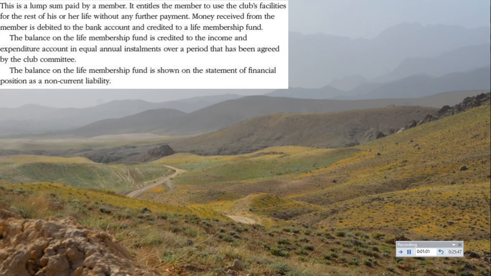If you receive a life membership fee, a certain portion agreed by the members must be shown as an income in the income and expenditure account, and the balancing figure or the remaining amount should be shown in the statement of financial position under the heading of non-current liabilities. So let's have a look at an example to clarify it.